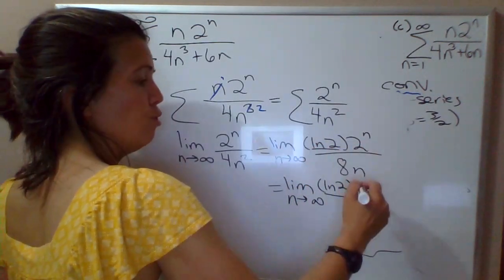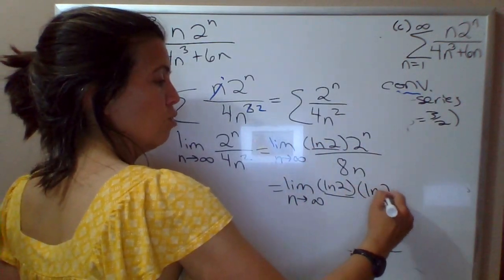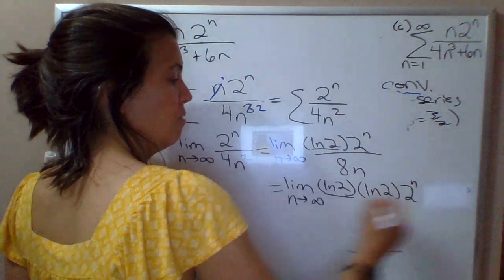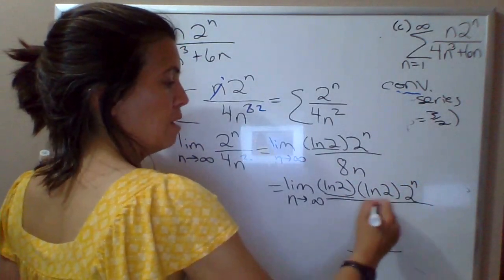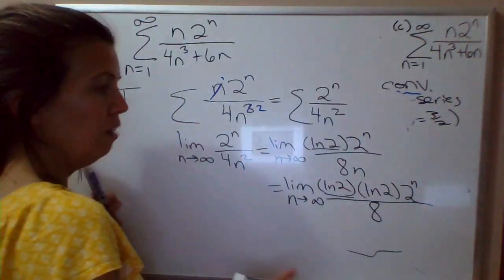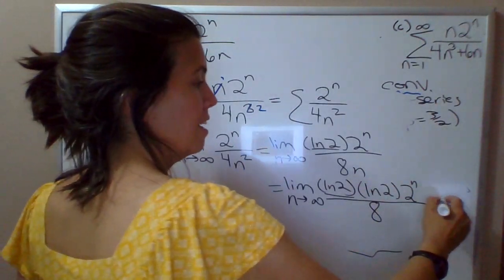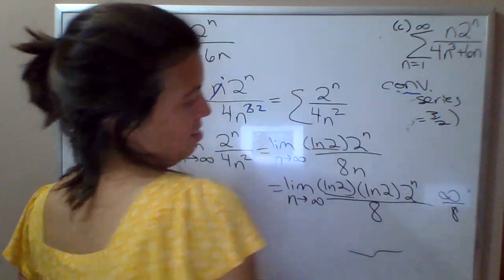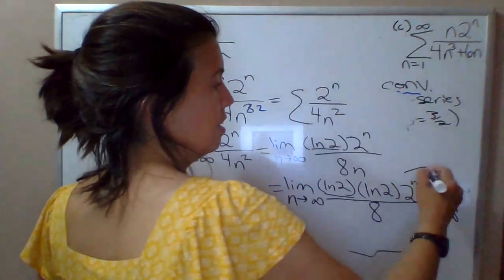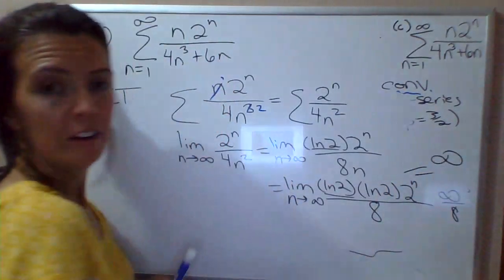And then the derivative of 2 to the n is natural log of 2 times 2 to the n, over the derivative of the bottom, which is 8. Limit as n approaches infinity. Now this numerator is approaching infinity, and the denominator is just 8. Well, that's going to infinity then, overall.